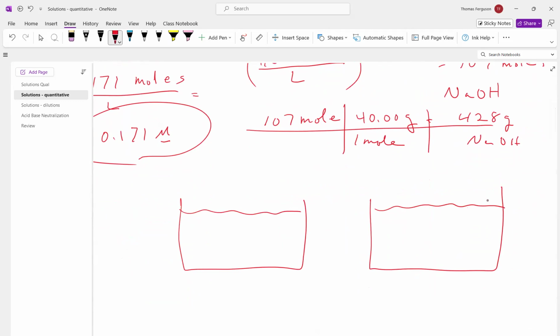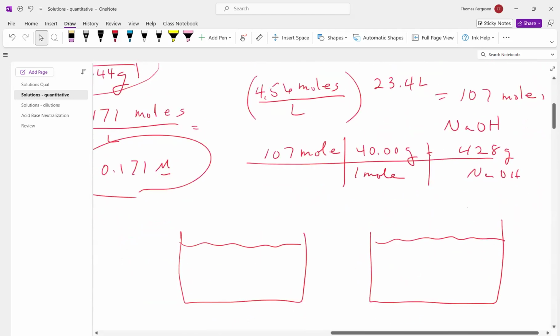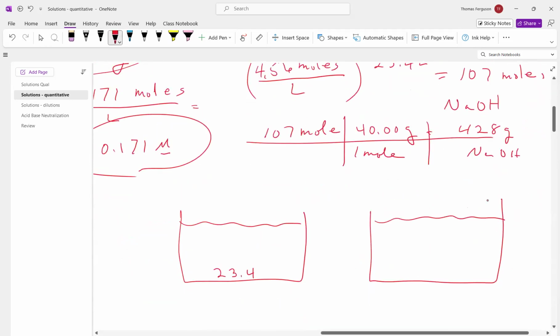If I put 23.4 liters of water in one container and then dumped in 428 grams of sodium hydroxide, will the volume 23.4 stay the same? That's right. What will it do? It'll rise up.